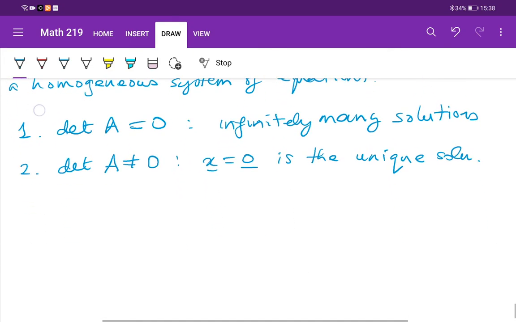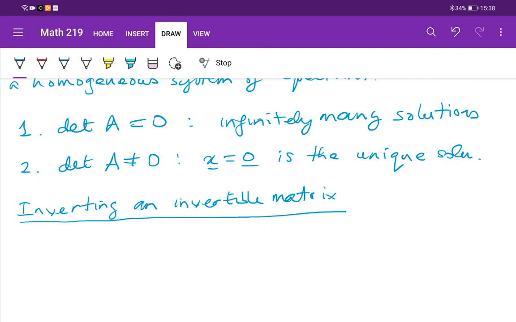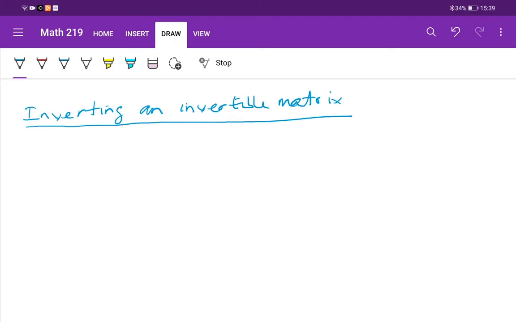Okay, so now let's talk about inverting an invertible matrix. Suppose that the determinant of A is non-zero. Invertible matrix means that its determinant is non-zero, so that's an equivalent condition.